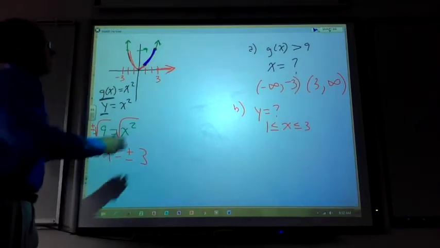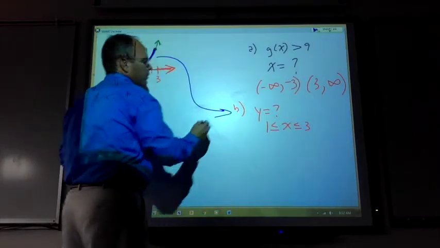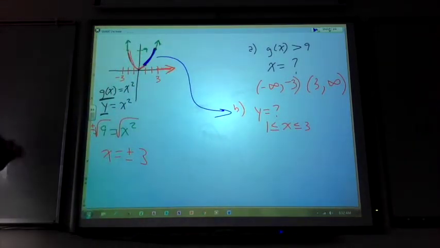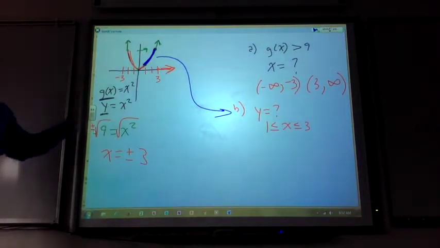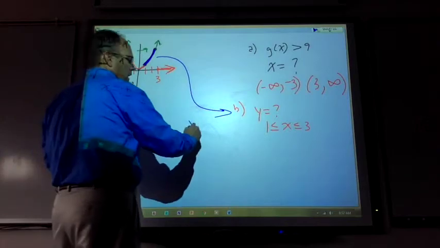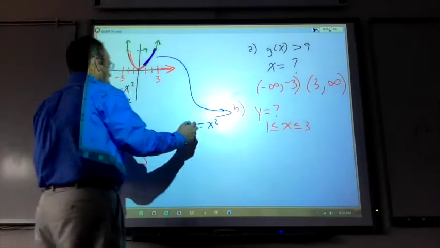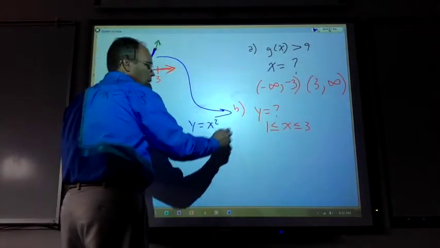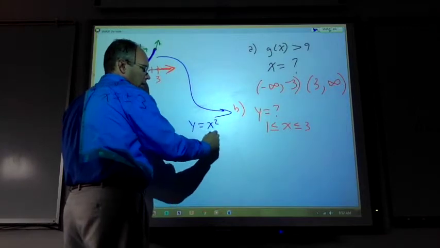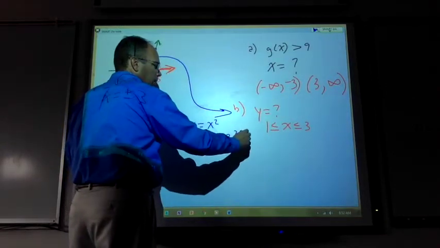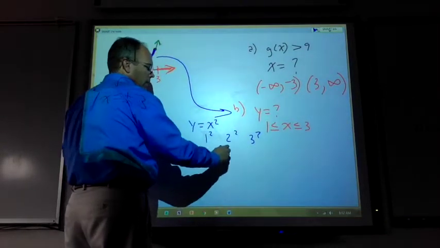This is all we're talking about for this problem. So those are x values. If this is my equation, what's going to happen? Y equals x squared, right? Or f or g at x equals that. So if I plug 1 in, if I plug 2 in, if I plug 3 in, I get 1, I get 4, I get 9.